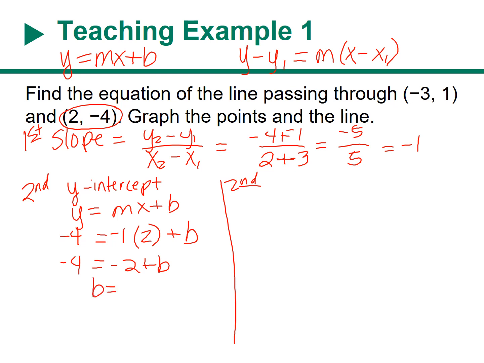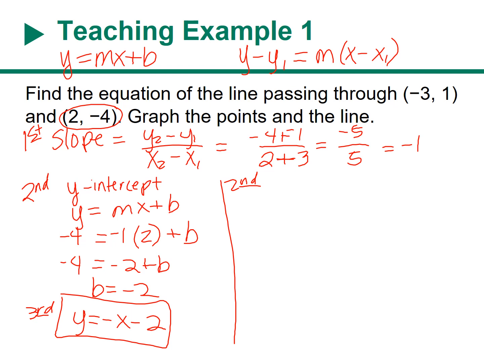So b equals -2. So you found your y-intercept, and the third thing is to write your equation. So my final equation is y equals -x minus 2. Okay, that's option 1 of solving. Does this look familiar? Yes. Okay, option 1 of solving.